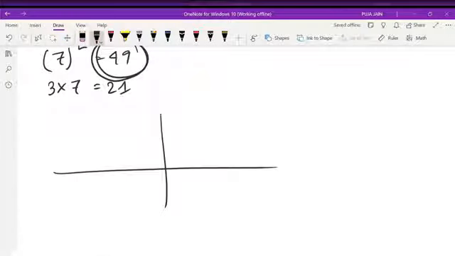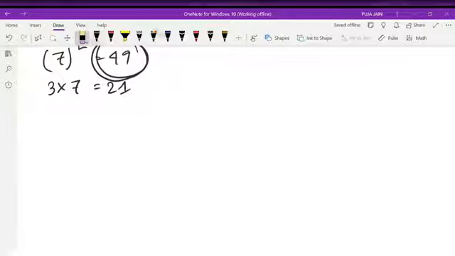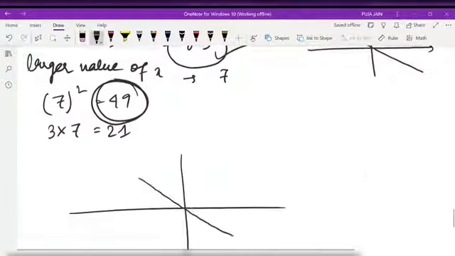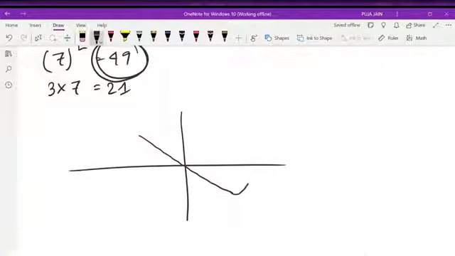Since it is minus 3x, for smaller values we will draw it like this. My drawing is not so good. For higher values we know this is a parabola equation, so this one will be like this, and here also you will get it like this. So this will be our graph.